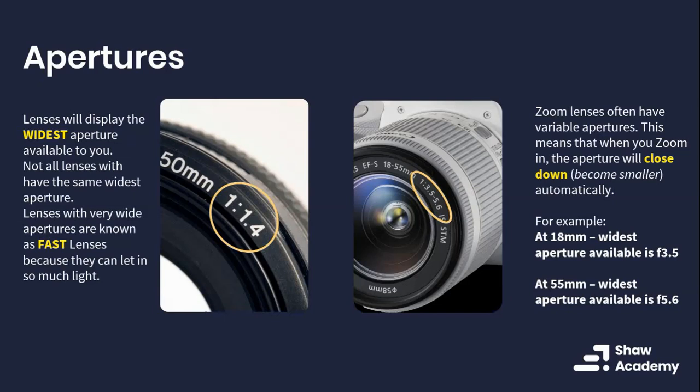But if I were to zoom in on my shot and go to 55 millimeters, the aperture will automatically get smaller, and the widest aperture available to me is going to be f5.6. Very important that you get familiar with that idea, and that you understand your limitations when it comes to your lenses.